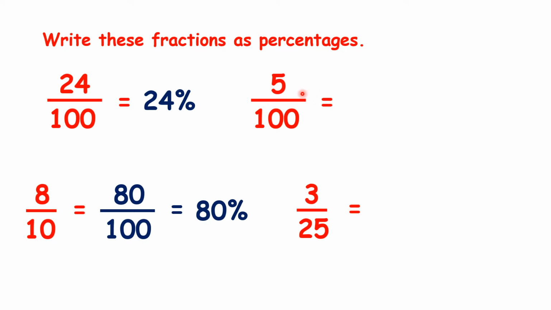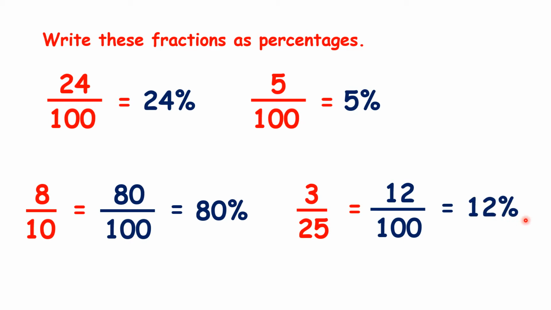Here again we already have our fraction with a denominator of 100, so we have 5%. And here, to change 25ths into hundredths, we multiply by 4, so 3/25ths is equivalent to 12 hundredths, so that's 12%.